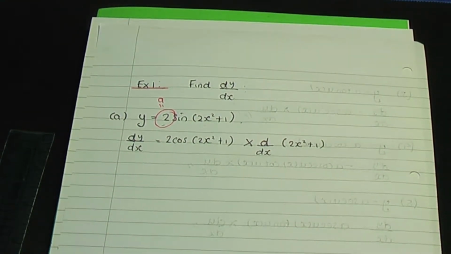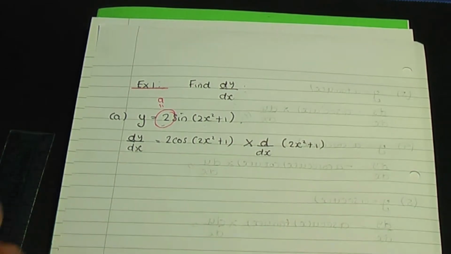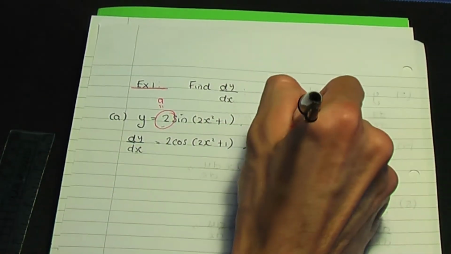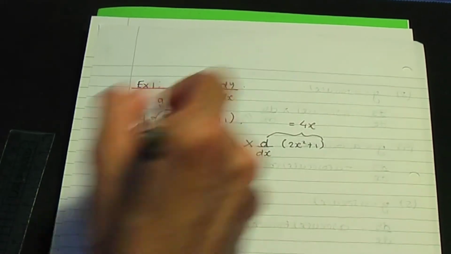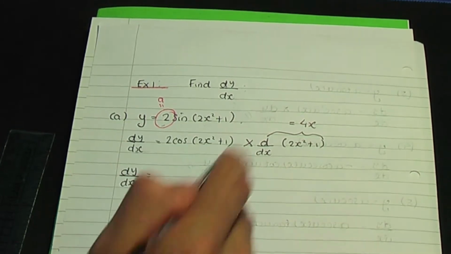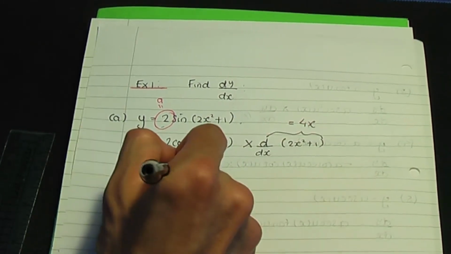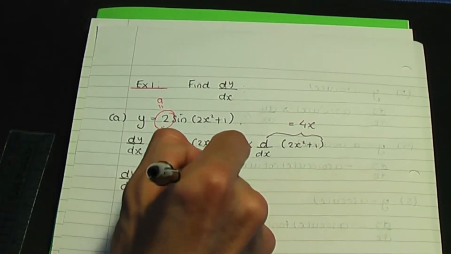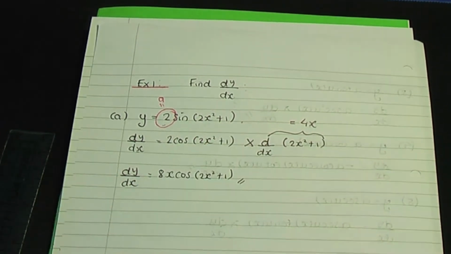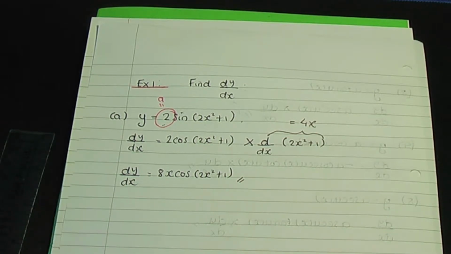Now it's a matter of simplifying. d by dx of 2x squared plus 1 is 4x. So if I continue, dy over dx will be 4x times 2, 8x cos 2x squared plus 1. So that should be the final answer to part A.